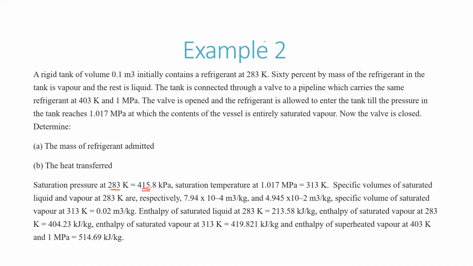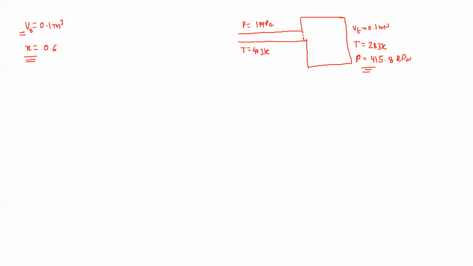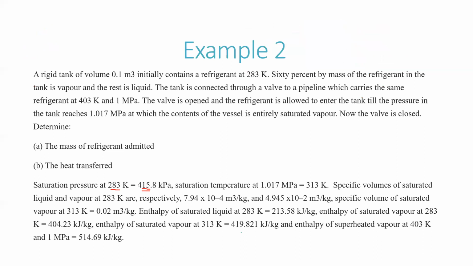All right. So first of all, over here we have pipeline at constant pressure. Let us consider the pipeline as our system number A, and let us consider our tank as system number B. Now since in the pipeline the pressure is going to remain constant, we are only interested in enthalpy of the pipeline.